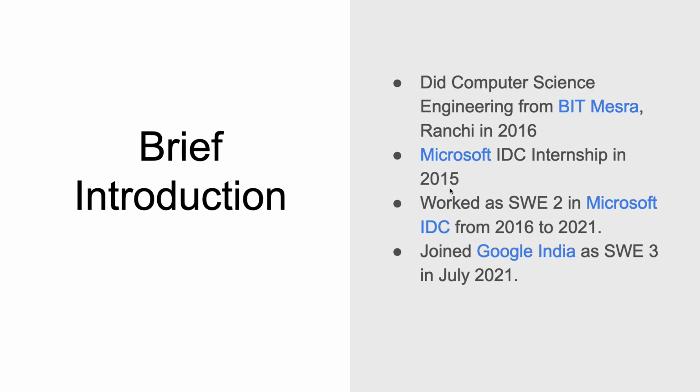There, I got a pre-placement offer, and then I worked as Software Engineer 2 in Microsoft IDC from 2016 to 2021. So that's approximately 5 years. Here IDC stands for India Development Center, just in case. And then I recently joined Google India as Software Engineer 3 in July 2021.